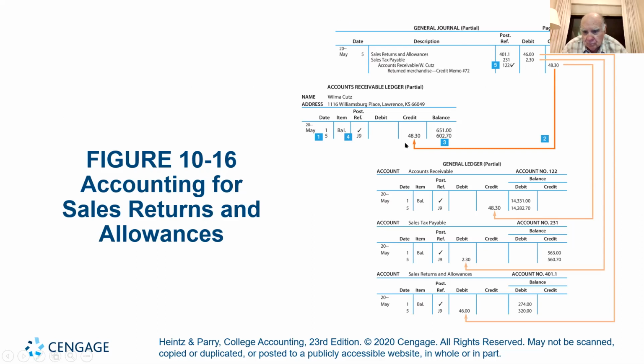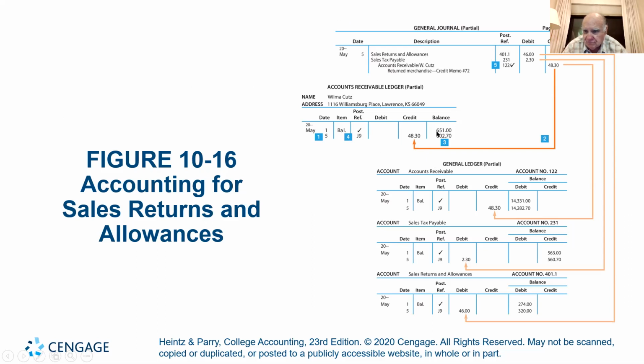Let's see here. She sold 48. I just want to see if she returned everything. Yeah, she looks like she returned everything. So we are going to credit accounts receivable up here because she no longer owes us the 48.30. And we're also going to credit her individual account.